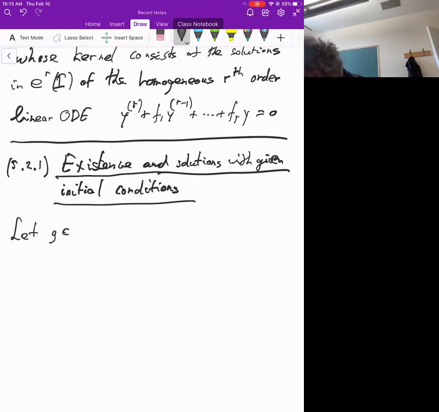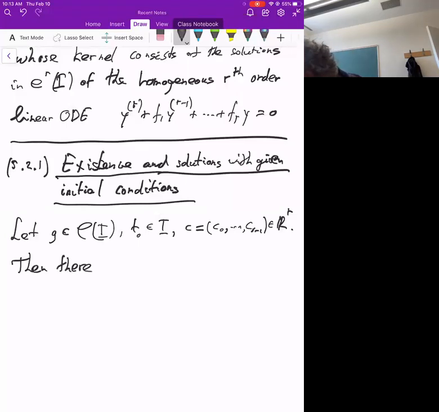So now I'm going to fix some continuous function g on I, and also some initial point t0 in the interval, where the initial conditions will be given, and initial values will be given by numbers C0 up to C(R-1). Then there is a unique solution y.